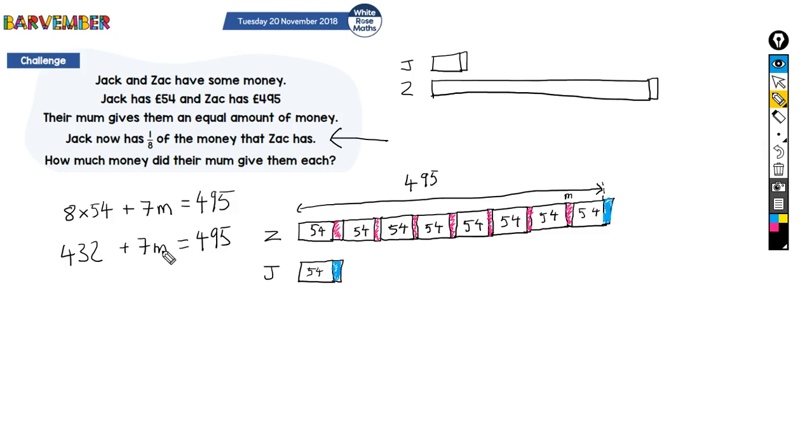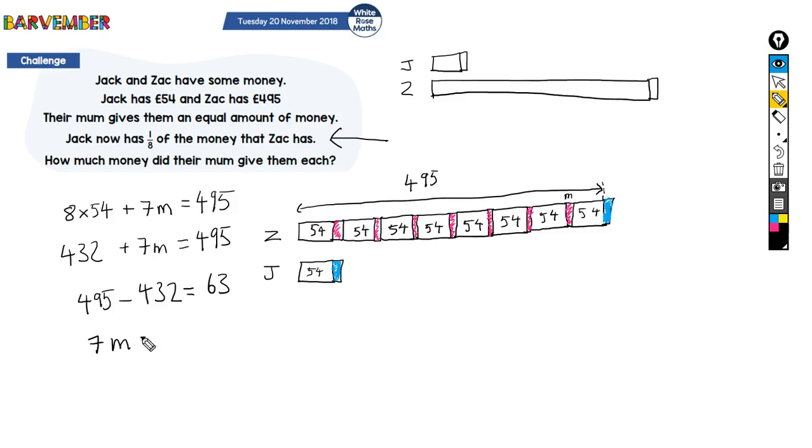If I take 432 away from 495, then I'm going to find out what the 7M all adds up to. So 495 subtract 432 equals 63.